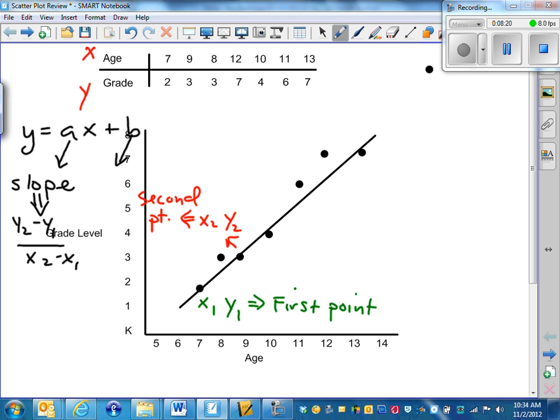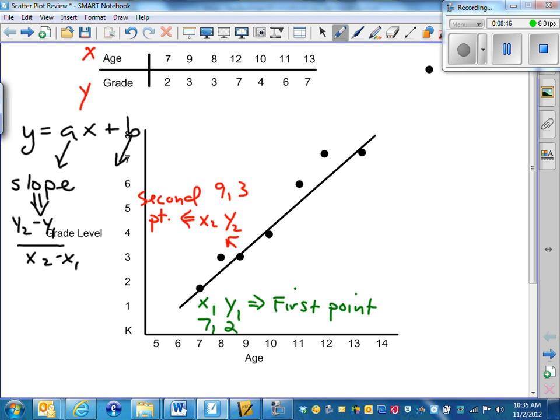So our first point was what? 7, 2 in that order. Our second point, what was that from our table? The second point we used was 9, 3. So now, to calculate my slope, I'll come back and plug this in.